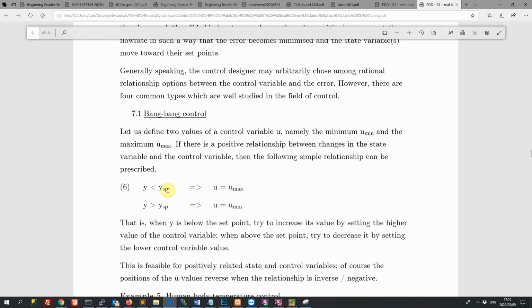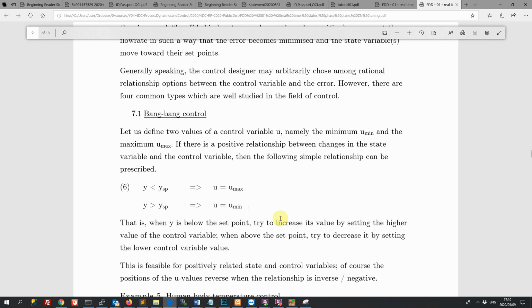So if there's a positive correlation between the state variable and the control action, then if we are below the set point value, we just apply the maximum value for the control, and if we are above the set point, then we apply the minimum value. And so you can imagine that this will then get you to a desired state.